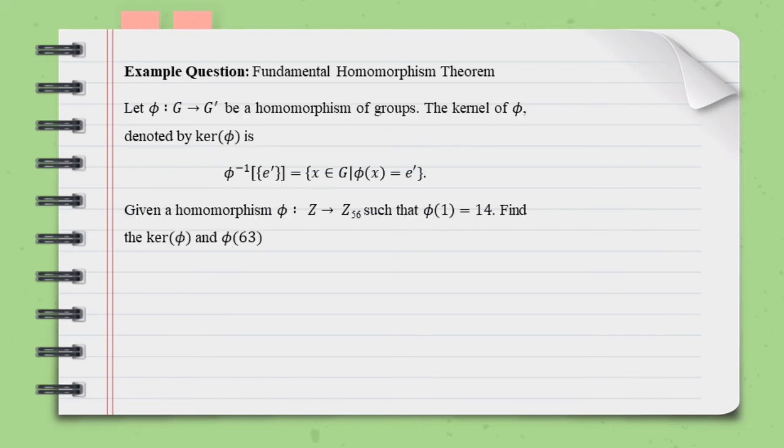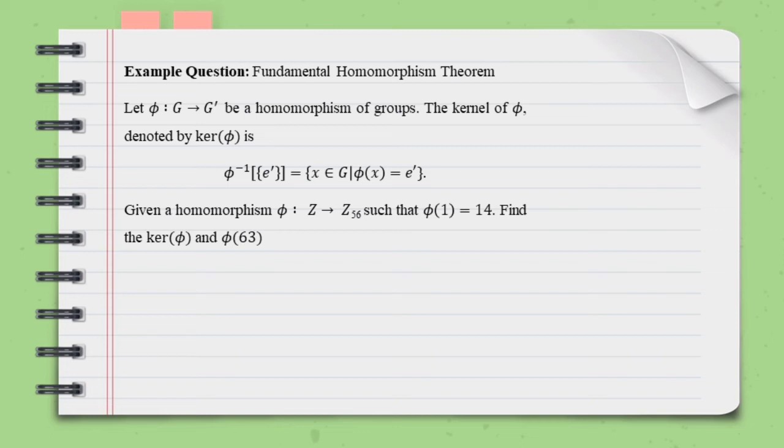Next, we proceed to the example question. From the question, let phi from G onto G prime be a homomorphism of groups. The kernel of phi is phi inverse of the identity, which equals the set of x element of G such that phi(x) equals identity.